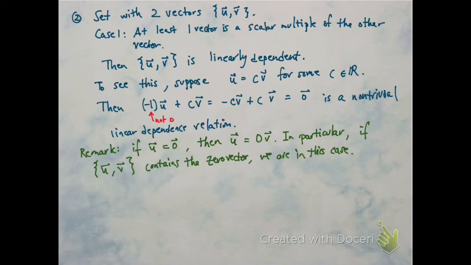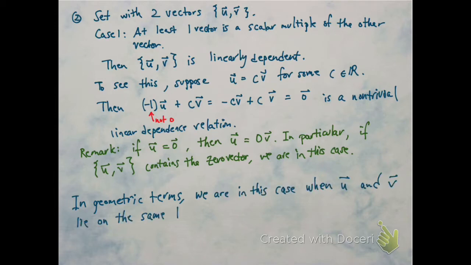So if the set u, v contains the 0 vector, we're in this case, and the set is linearly dependent. In geometric terms, we're in this case whenever u and v lie on the same line through the origin.